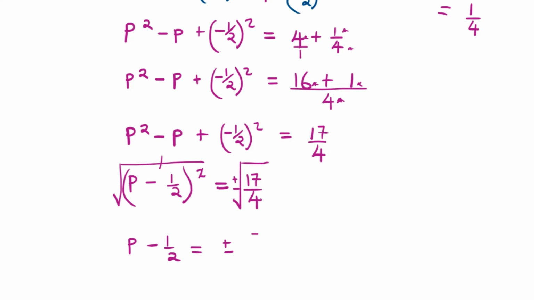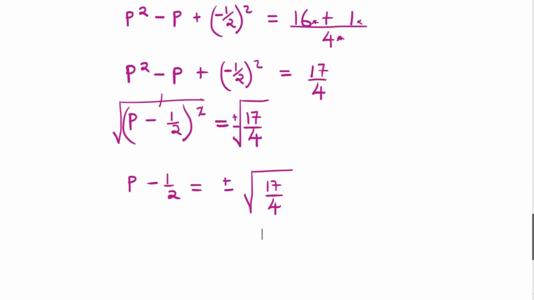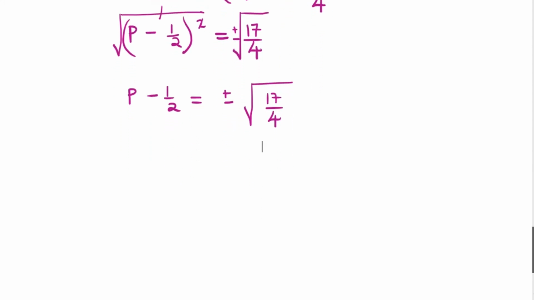Okay, the square root of 17 over 4. From there we can find the square root of 17 over 4 as follows. We can bring our calculator.